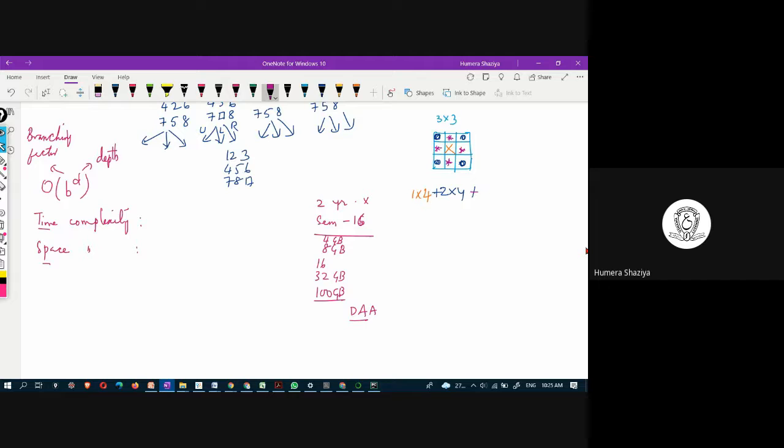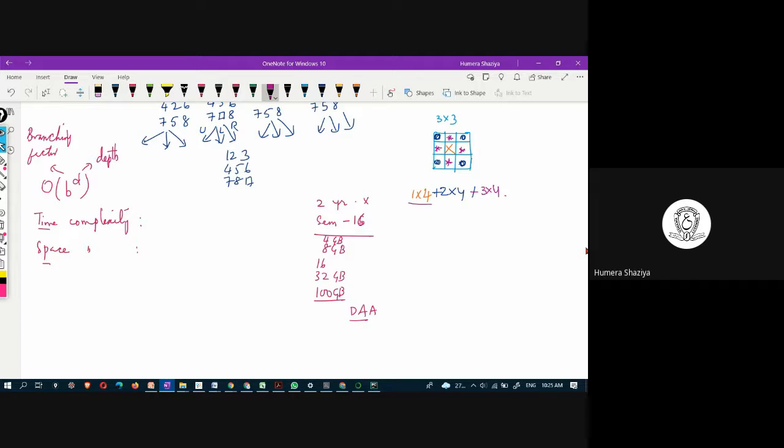Here there are 3 moves possible: up, left, right. Here, if it is at the third column, second row: left, up, down. So 3 into 4.